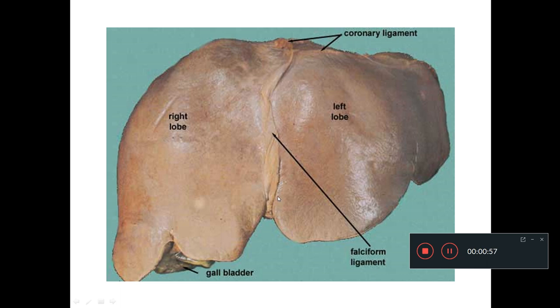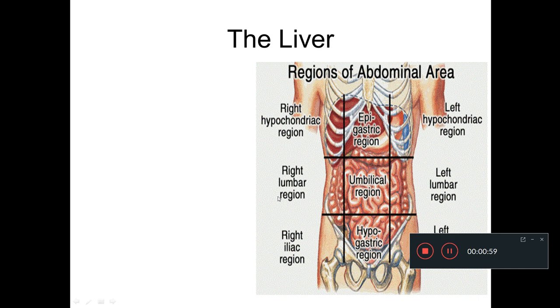Let's study now. First of all, I hope you remember the regions of the abdominal area. We have divided the abdomen into 9 regions, and let's quickly revise them once again. Starting from the left side: left hypochondriac region, epigastric region, right hypochondriac region.